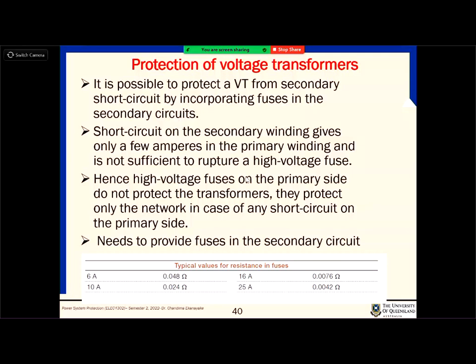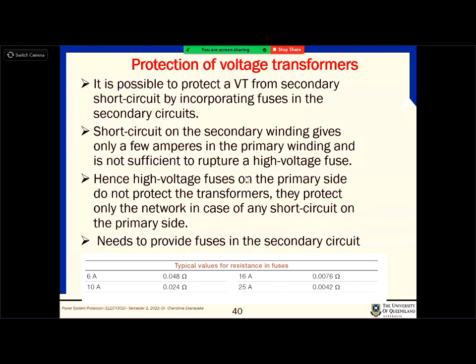Like let's say you have 1000 amps current going through this one, and then you just short circuit the secondary. If you short circuit the secondary, what will be the secondary current in a transformer? Probably it will go to 100 amps, max, right?